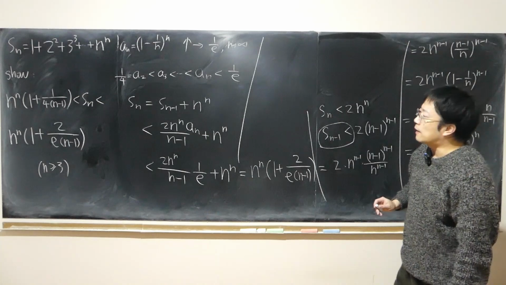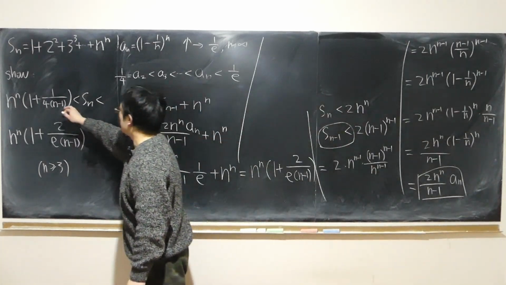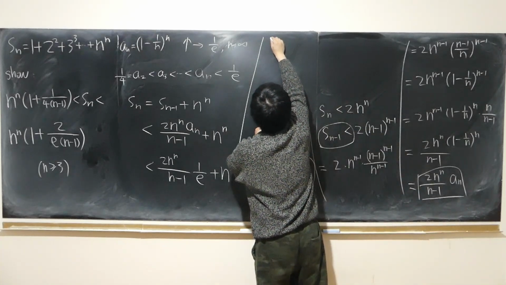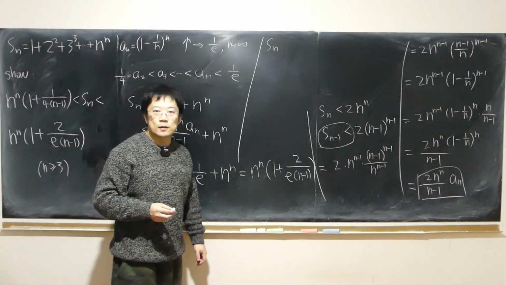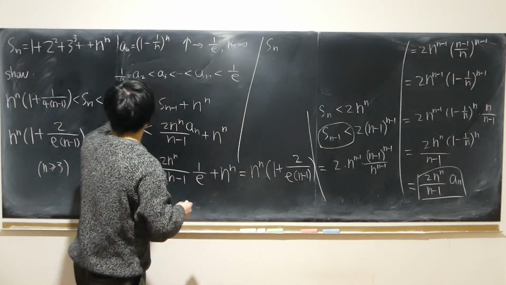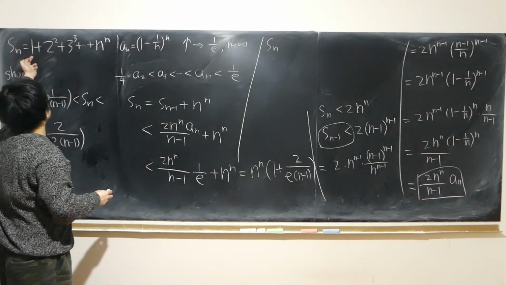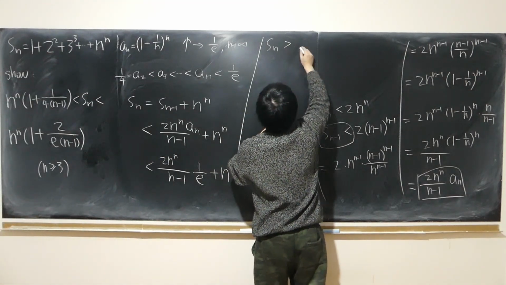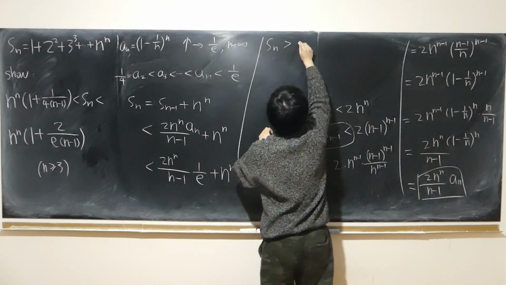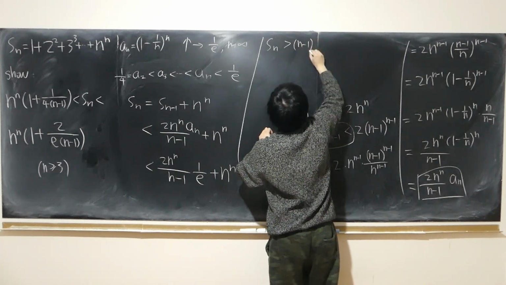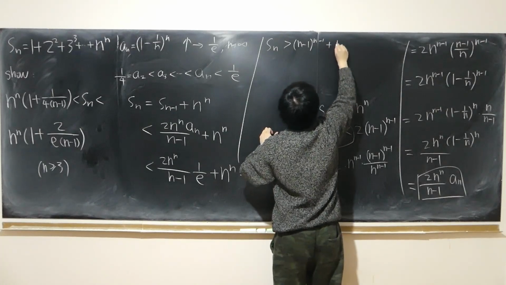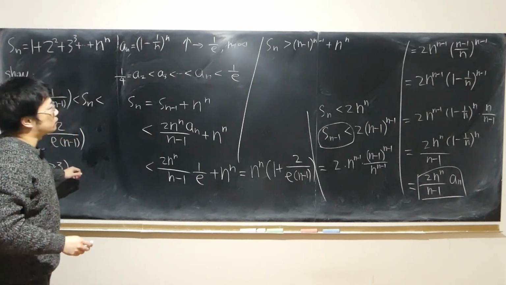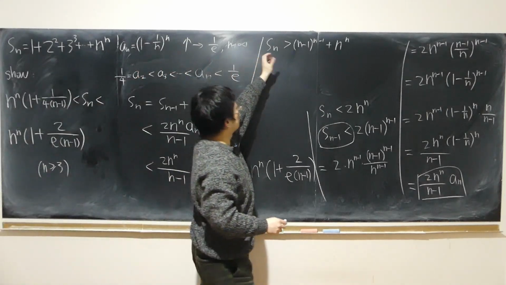So the left-hand side inequality, how do we know that? Okay. So first of all, here we can loosen Sn just a little bit and get rid of the previous terms. We only keep the last 2 terms, right? Make it a little bit smaller. So n minus 1 to the power of n minus 1 plus n to the power of n, since n is greater than or equal to 3, so this is a little bit smaller.